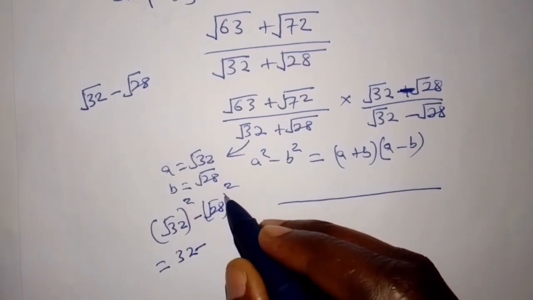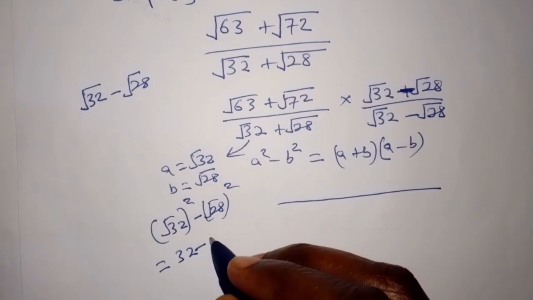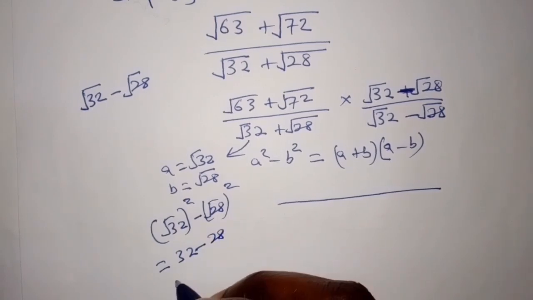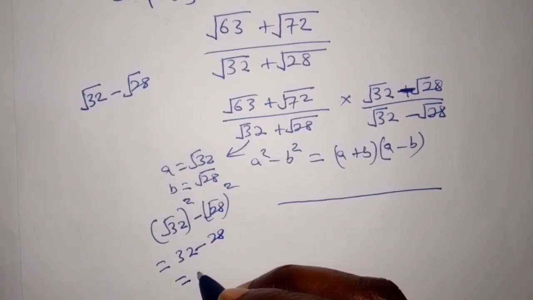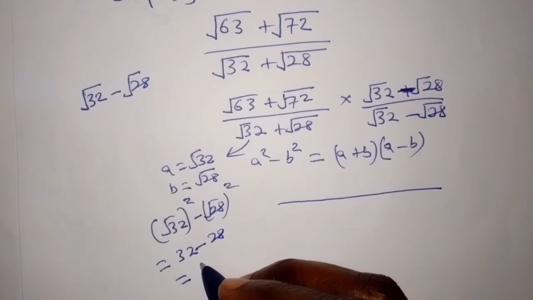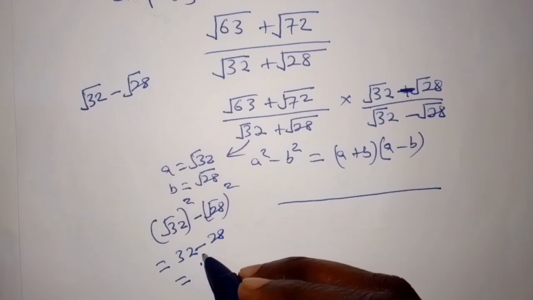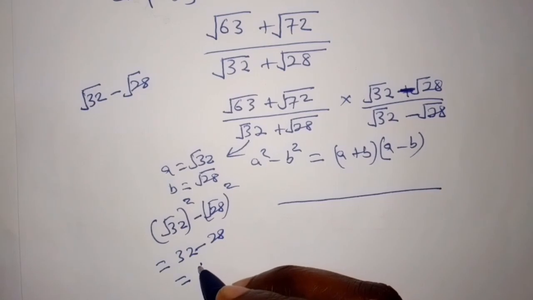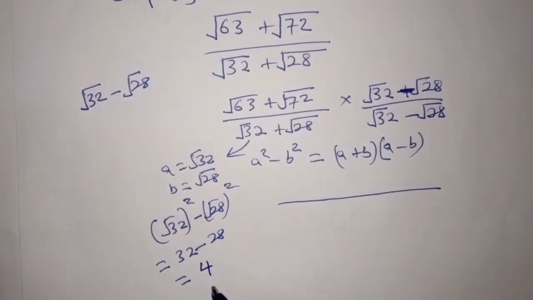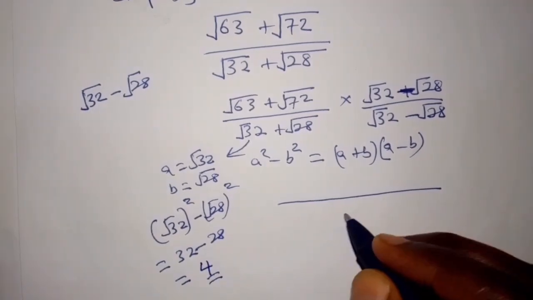Square root of 28 times square root of 28 is 28. So 32 minus 28 is giving us 4. So our denominator here is going to be 4.